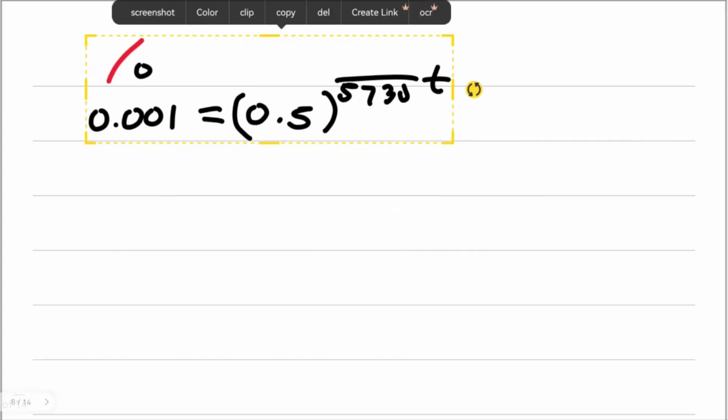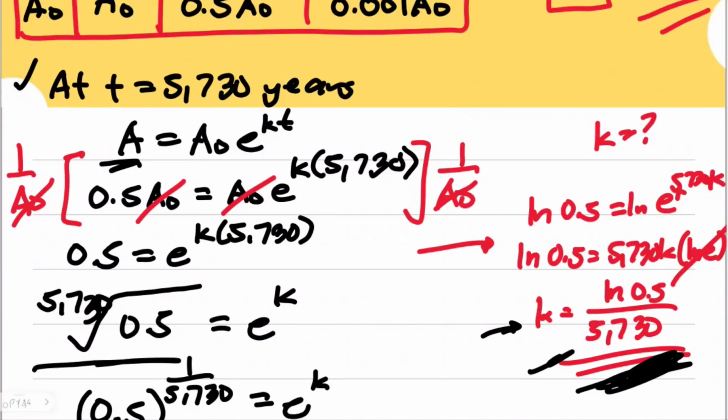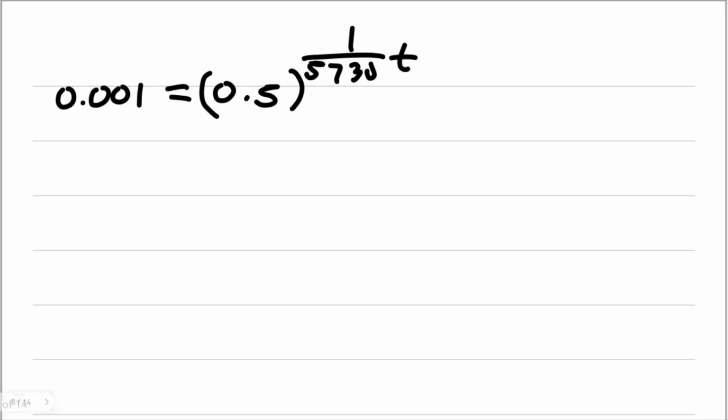I'm solving for t, the age of the fossilized bone. Allow me to erase some additional scribbles. What I can do here is solve for t. This time, I'm going to use the method I used in solving for k, which we skipped earlier. Meaning, I'm going to take the natural logarithm of both sides.